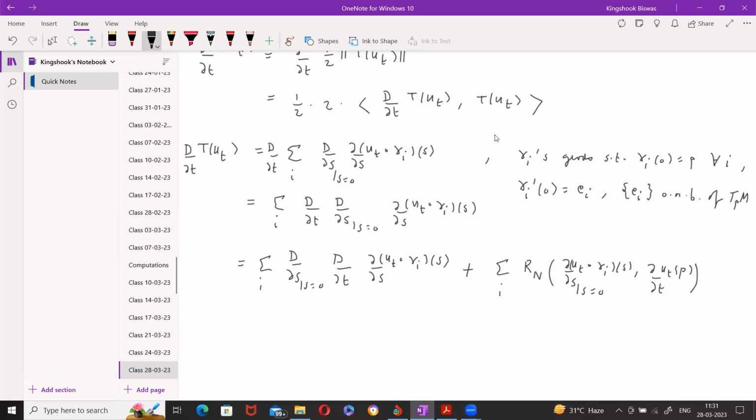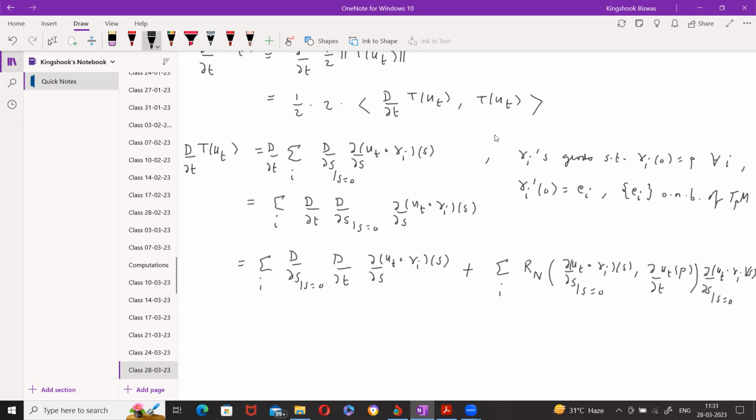And then I have this acting on the vector field along this parametrized surface, acting on del del s at s equals 0 of u_t composed gamma_i. Is this okay?